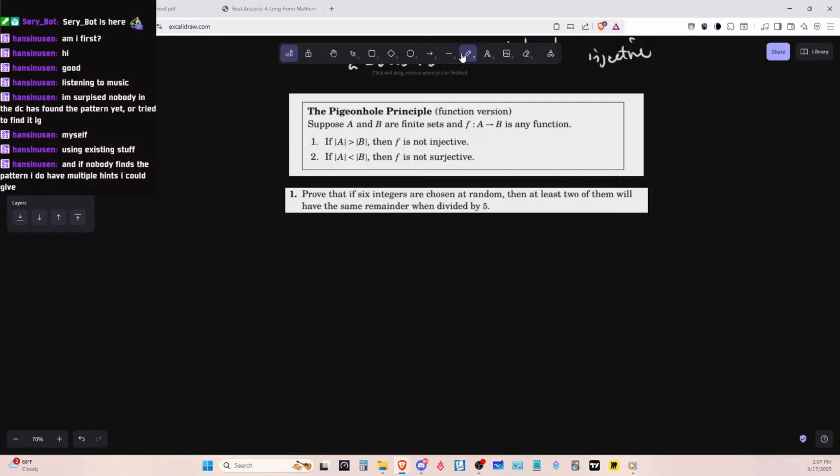Let's see, prove that if 6 integers are chosen at random, then at least 2 of them will have the same remainder when divided by 5. Oh, this one sounds like a challenging one. Okay, so maybe we should write the scratch work first.